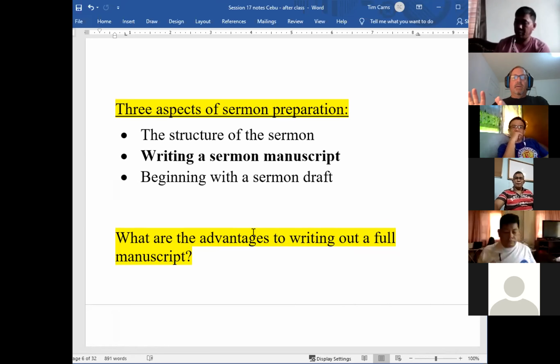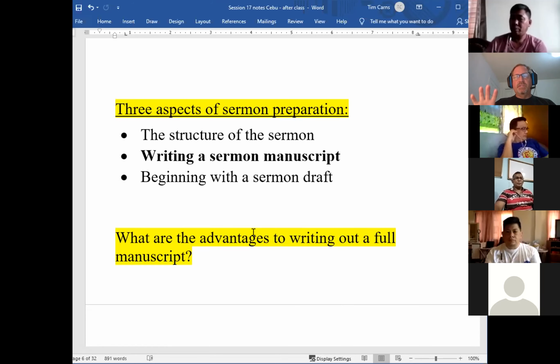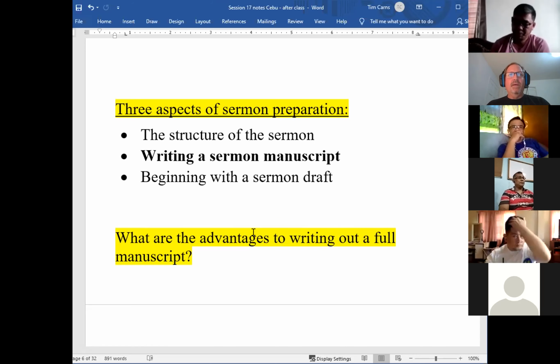Now, again, we're not talking about what you bring into the pulpit. We're just talking about preparation for the pulpit. We'll discuss the pulpit notes later. Right now, I'm just talking about after you've studied the passage, after you've identified the sermon concept and outline, what might be the advantage to writing out a full manuscript?